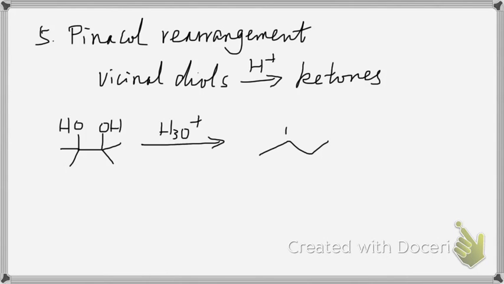So here's an example. One of the OH groups becomes a carbonyl, a ketone carbonyl, and the other OH is removed to become water, and on that carbon it will have an alkyl group moved from the adjacent carbon.